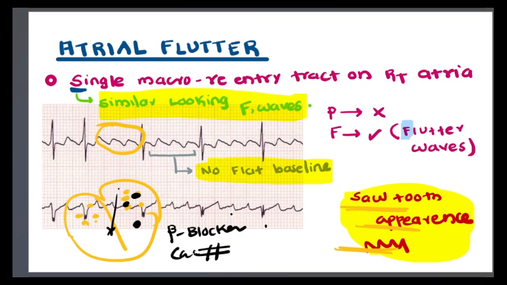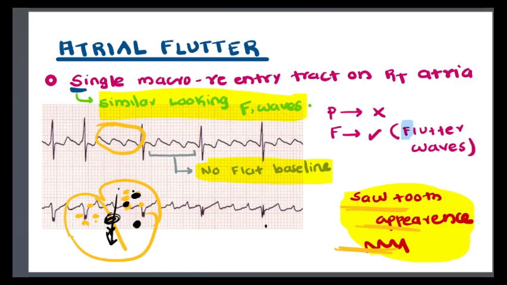Then another drug that can block the impulses at the AV node, but we no longer use, is digoxin. Definitely it can block the AV node and control the number of impulses coming to the ventricle.